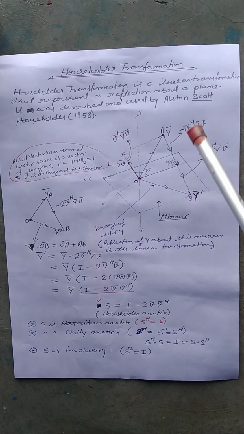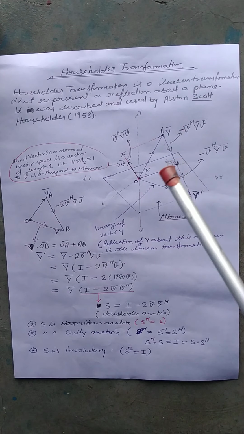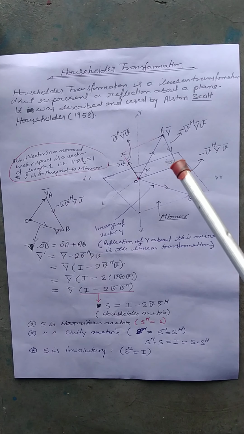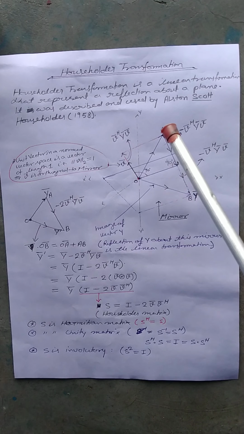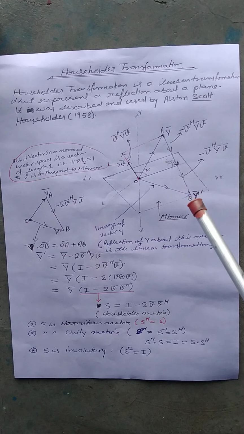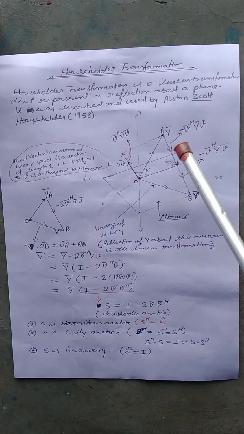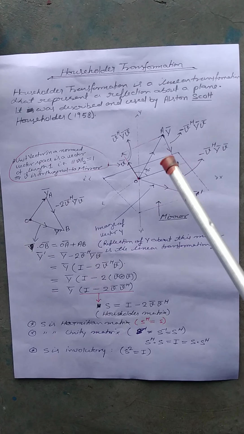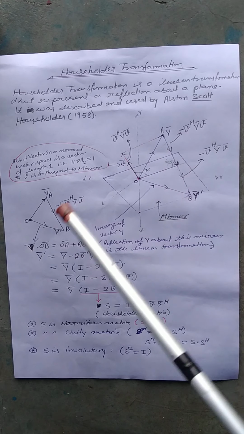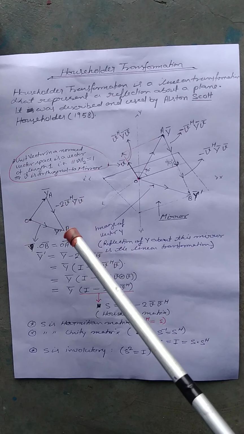Similarly, if we attach this vector with the image of the y vector, then the vector from a to b is negative 2 times this vector. Let me take this diagram here, o, a and b.